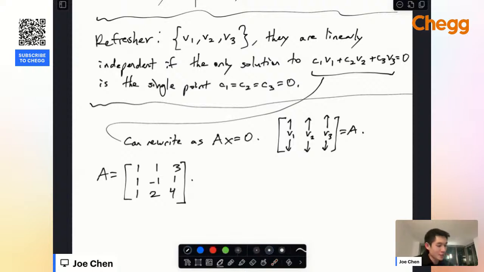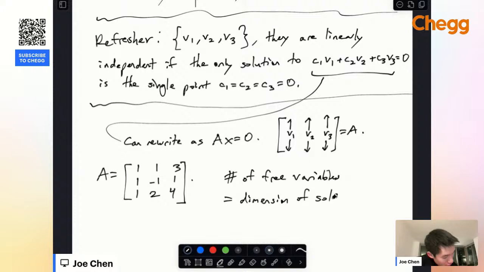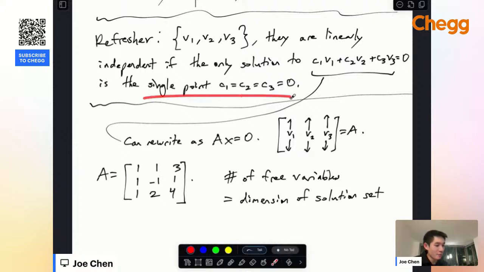And so if that's the case, well, here we're in R3, and we know that the number of free variables equals the dimension of the solution set. So for the solution set to be a single point, that means we want this number to be 0.